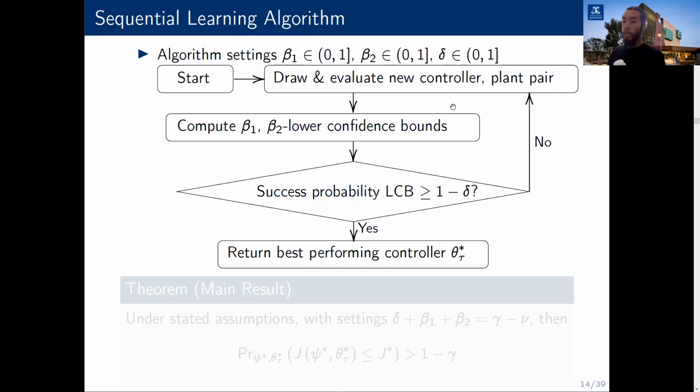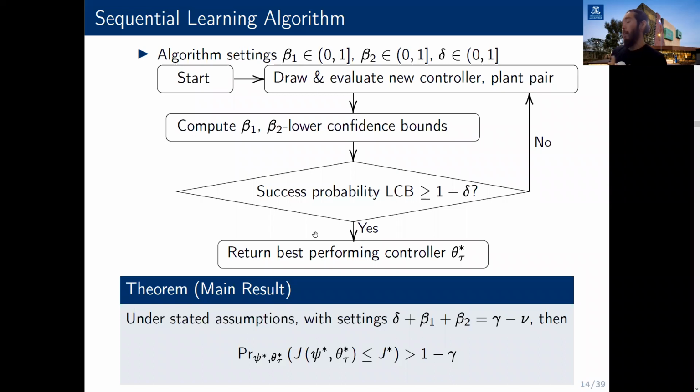And then we're going to accumulate a sample, and from this sample we can compute some lower confidence bounds. And from this lower confidence bound, we can then check this condition, which is whether this so-called success probability lower confidence bound is greater than or equal to some threshold. And if it isn't, we keep drawing more samples. But if it is, then we stop the algorithm and return the best performing controller throughout the algorithm run.